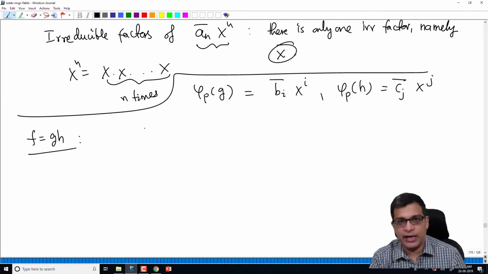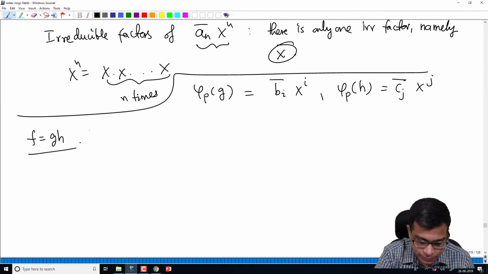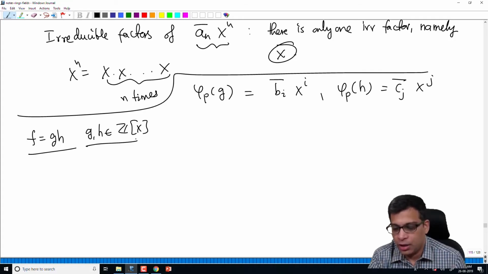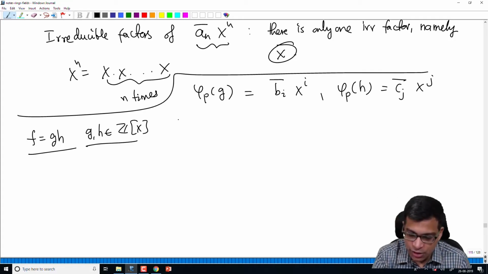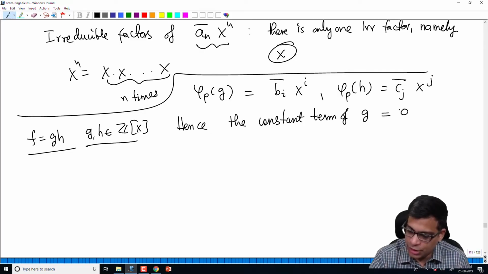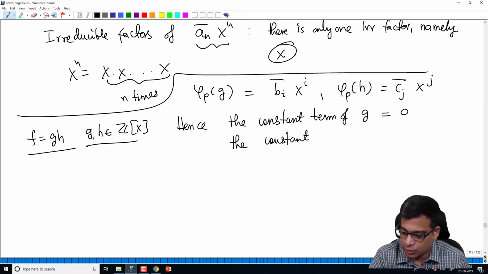So g is some polynomial in Z[x]. H is some polynomial in Z[x]. When you go modulo p, only x power i survives. Hence, we can conclude that the constant term of g is 0. Similarly, the constant term of h is 0.